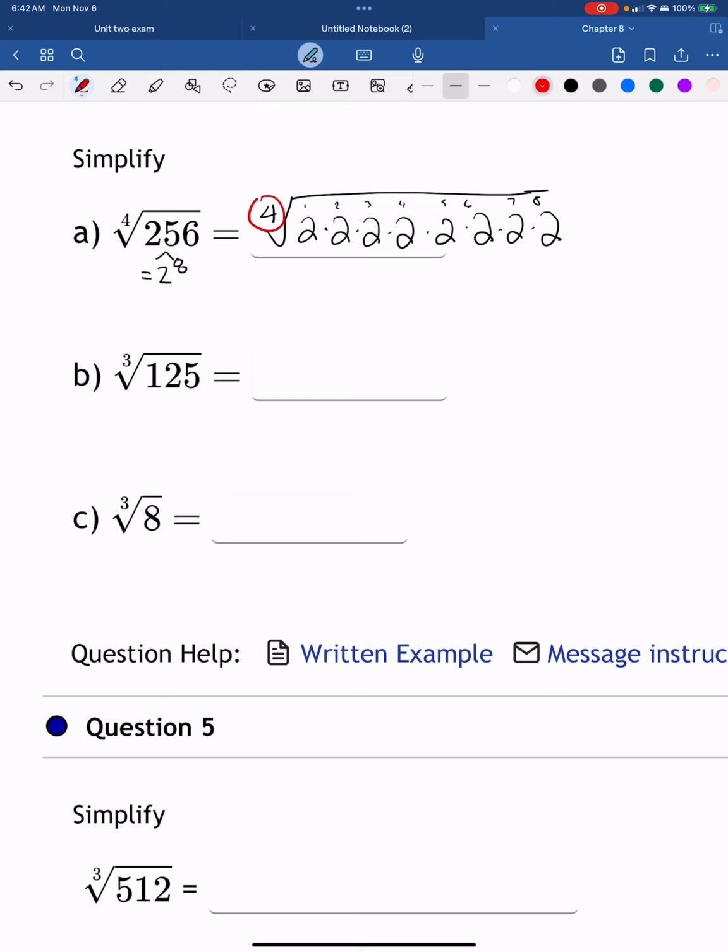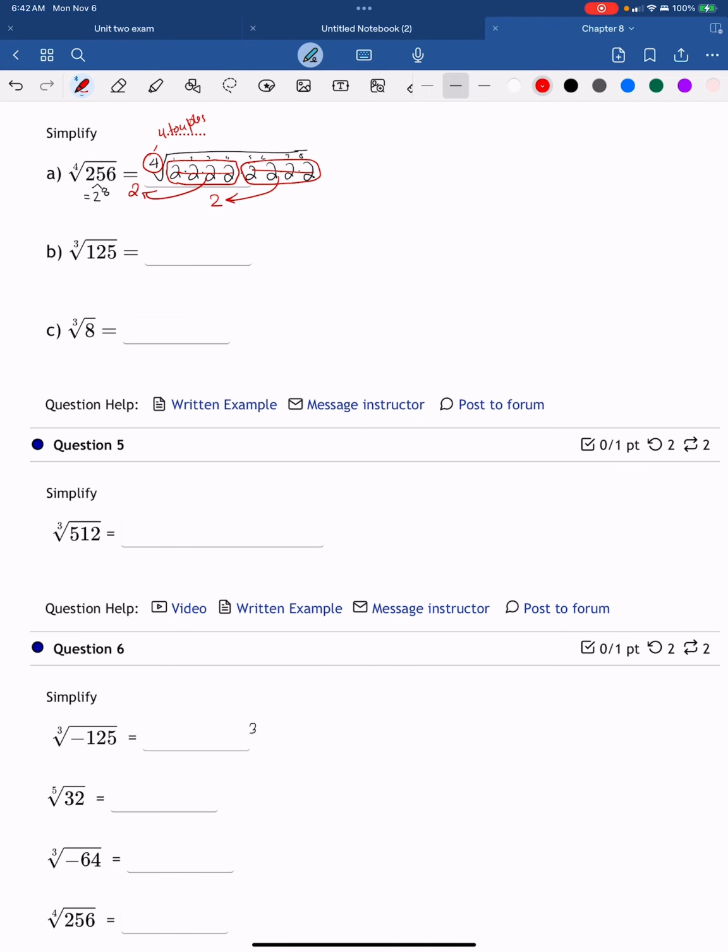Now this is a fourth root, so I'm pulling out 4-tuples. 1, 2, 3, 4. 1, 2, 3, 4. So this ends up equaling 2 times 2, because I pulled out 2 of the 2's, which is 4.